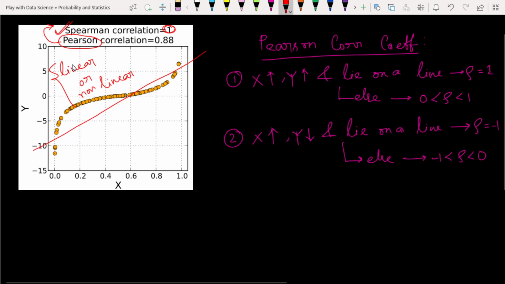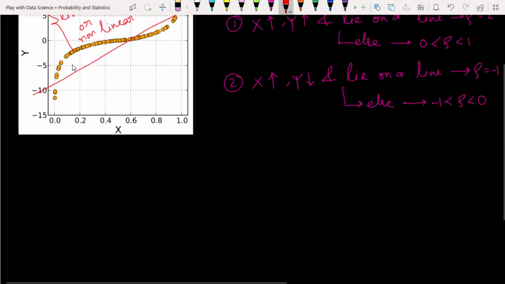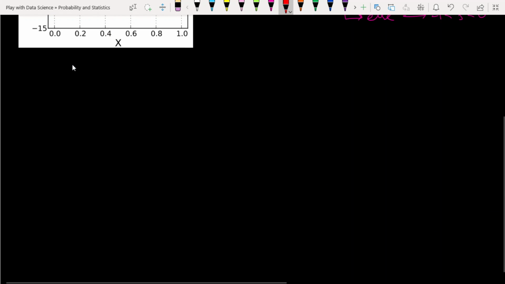Now let's try to understand this through an example.